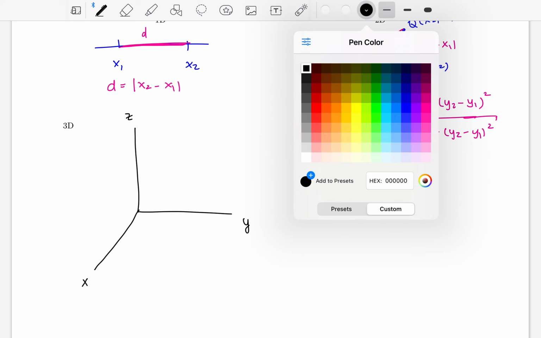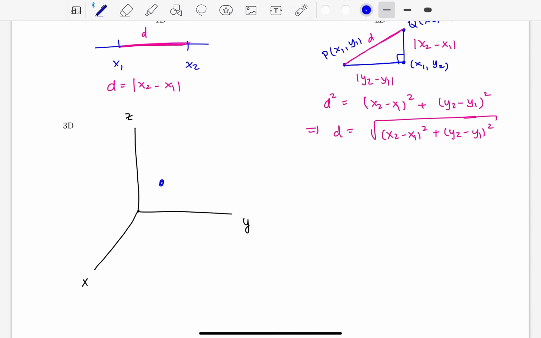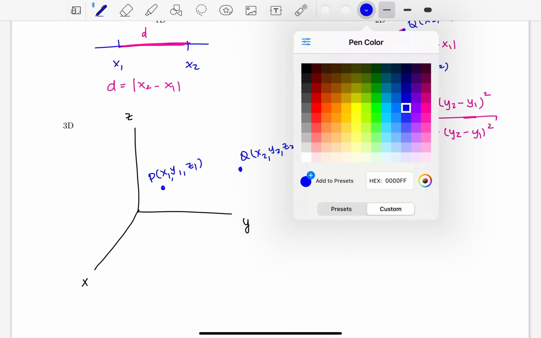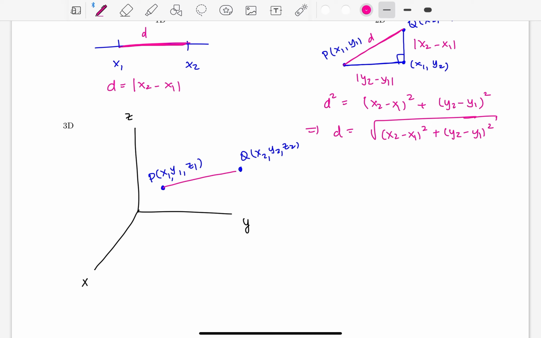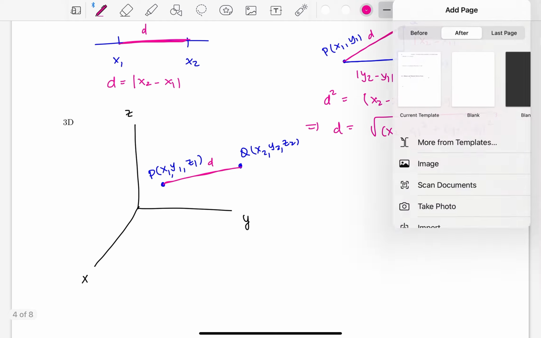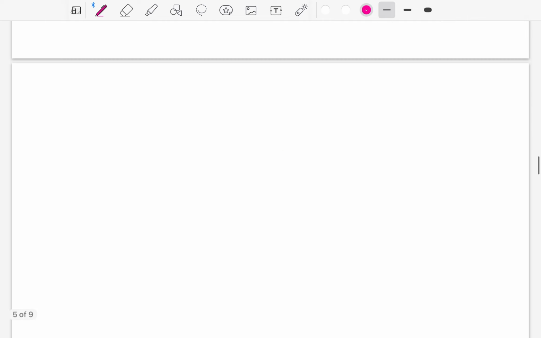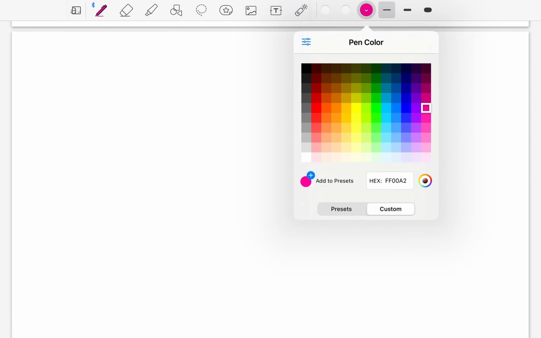So long story short, I'm going to say this is P, and it has coordinates x1, y1, and z1, and this is the point Q with coordinates x2, y2, z2, and I'm looking for the distance. This is D. To make this easier for me, I'm going to make those two points part of a box.